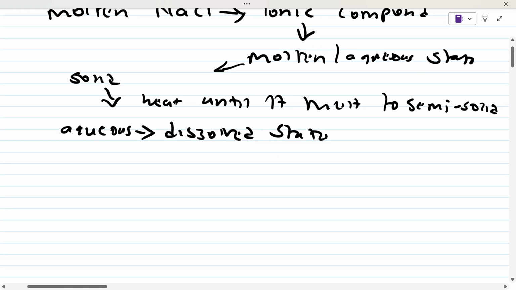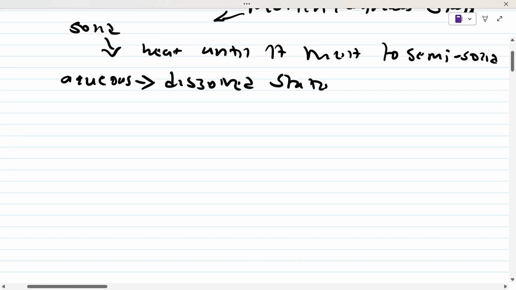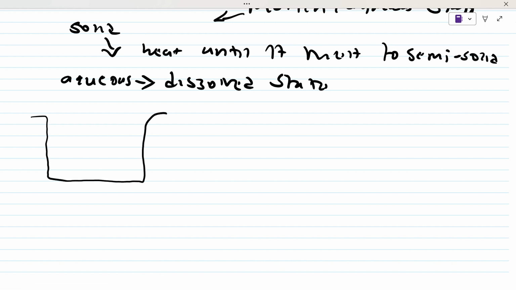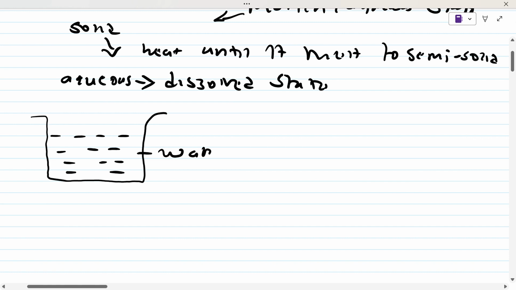So it simply means that I'm taking my beaker and in that beaker I must have water and I'm adding salt, which is simply sodium chloride, into it.